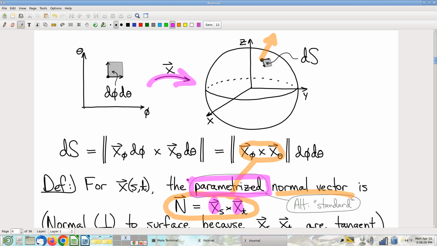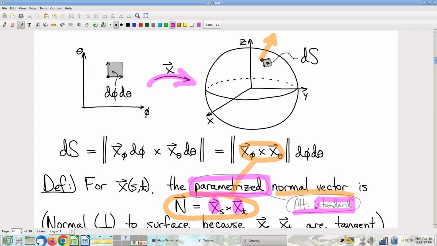FYI, just a heads up, the book prefers to call this the standard normal vector. My complaint with this is that it would be easy to confuse this term, standard, with some sort of a suggestion that this normal vector, capital N, is standard for the surface. It's not. This thing here depends on the parameterization. There's lots of parameterizations for a surface. Tons of them, right? Countless different parameterizations.